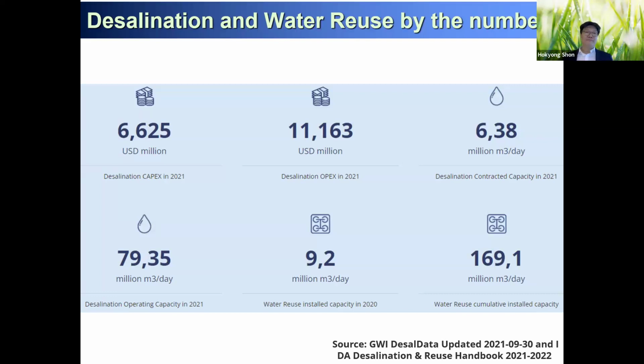And this is the desalination CAPEX and desalination OPEX. 11.163. So CAPEX was 6,000, so almost double. So we have OPEX, which means seawater desalination needs not only the reverse osmosis, high pressure pumps or tanks.